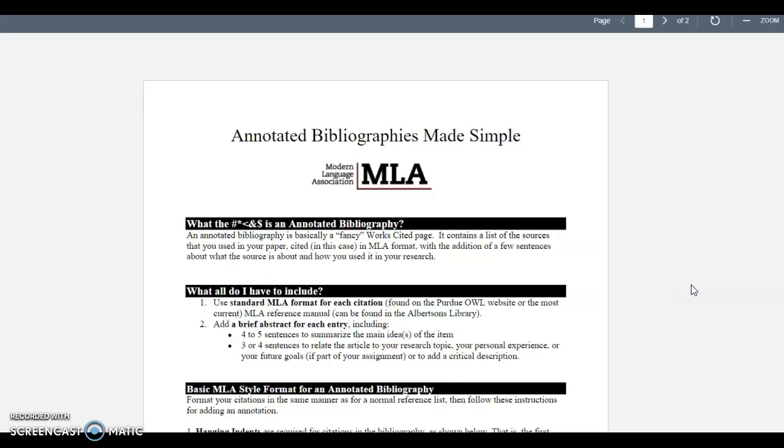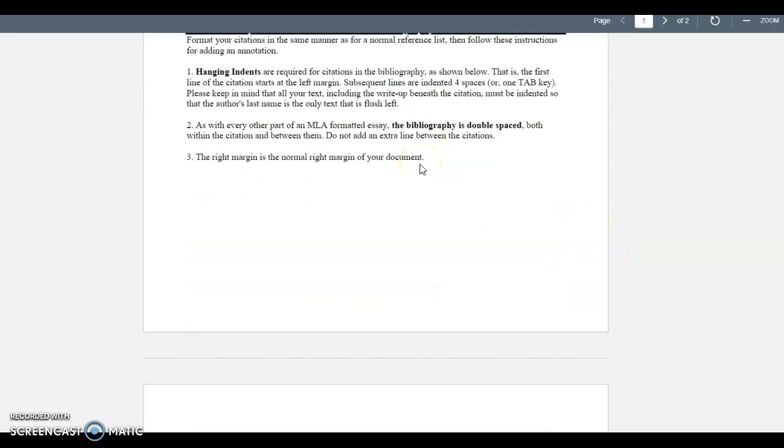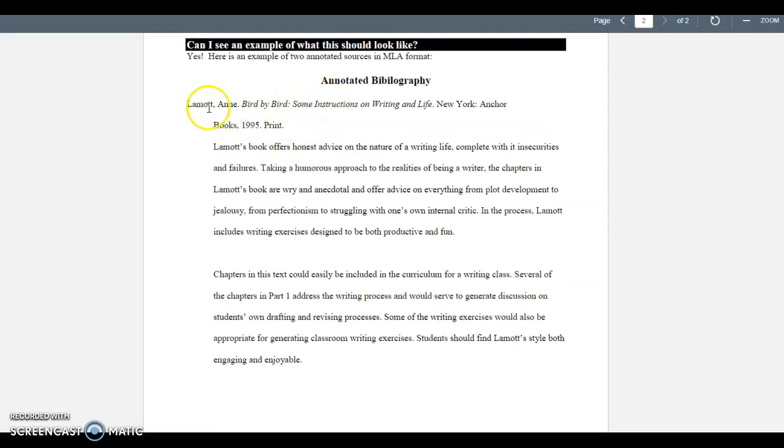I've also included several pages on our modules that goes over that, but here, look over this. It talks about what each paragraph is going to focus on, and here's an example of an annotation for a source. You have the citation, one paragraph of summary, and a second paragraph on how it'll be used.